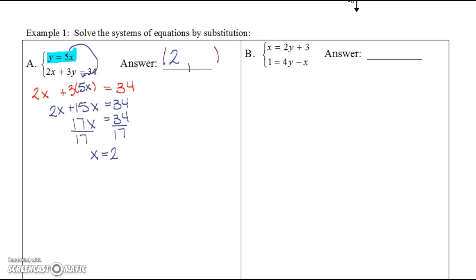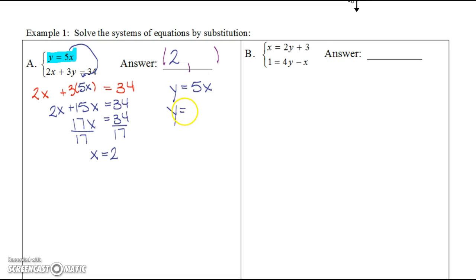How do I find the y? I get to pick which equation to substitute my x in. It does not matter which equation you pick. I am going to pick the one that looks the easiest. y equals 5x.